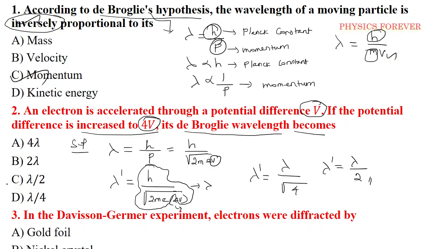Which one is correct? Option C is correct. If the potential difference is increased by 4V, the de Broglie wavelength becomes lambda by 2.